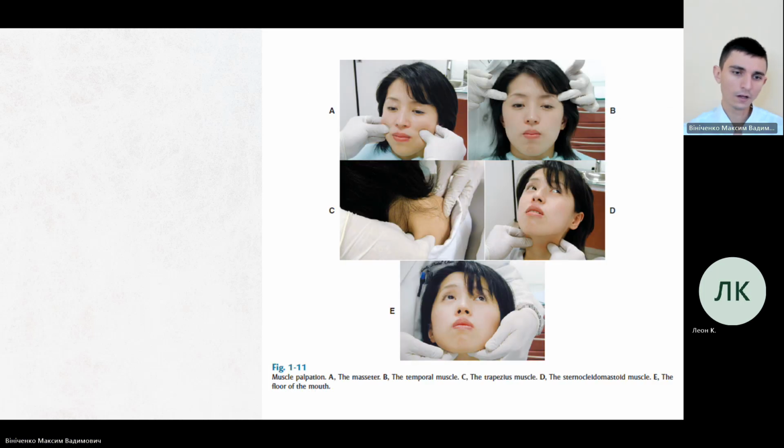Here you can see the muscle palpation: the masseter, picture A, the temporal muscle, picture B, the trapezius muscle, picture D, and the sternocleidomastoid muscle, and the floor of the mouth in picture E.